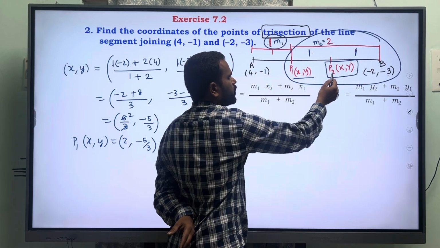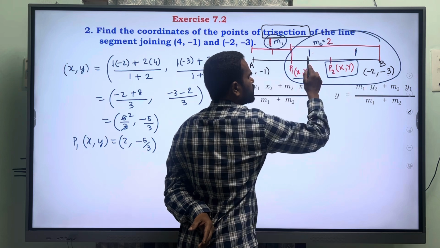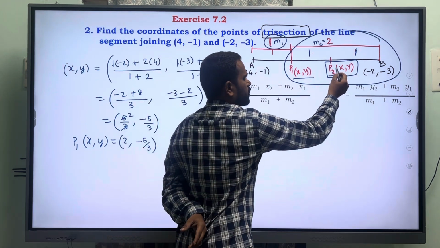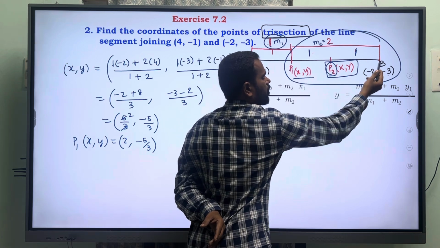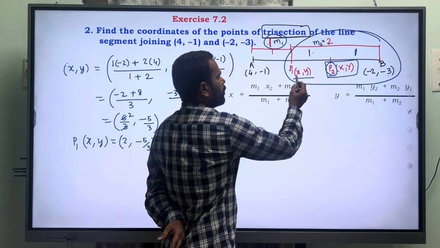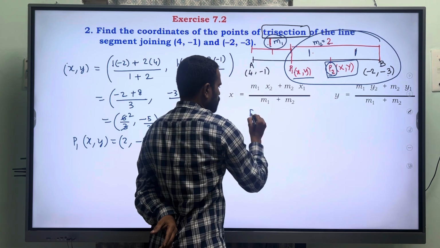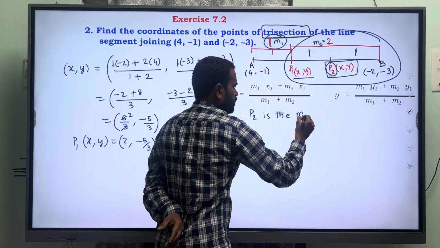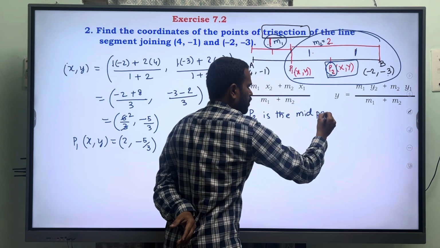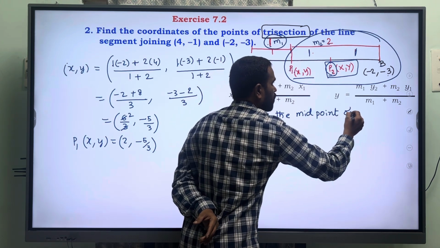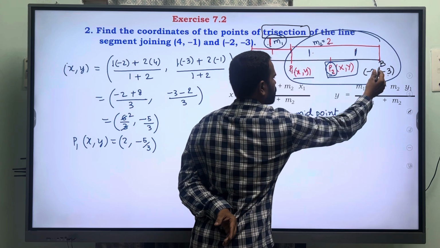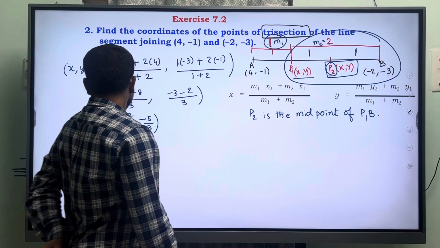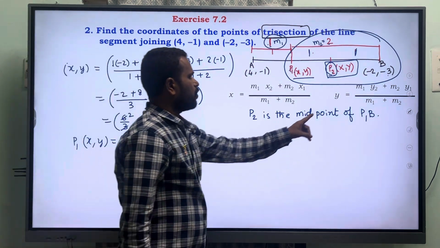P2 is dividing P1B in the ratio 1:1, which means P2 is the midpoint of P1B. Okay, now we know P1 and we know B.